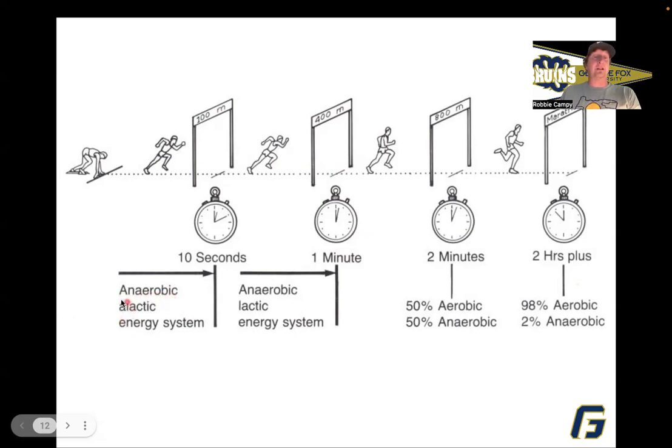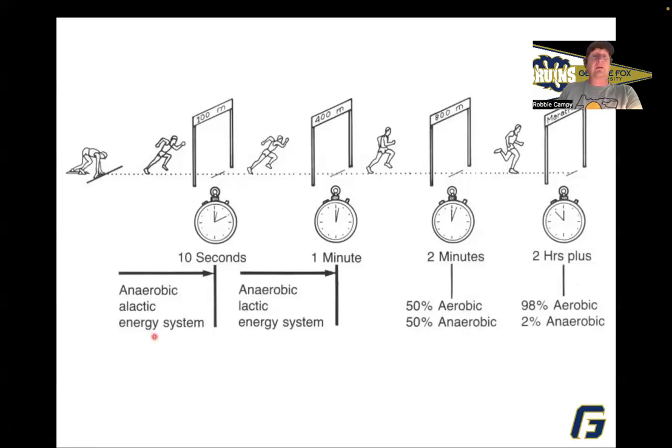There's that A meaning the absence of, so it doesn't produce any lactic acid. This is our immediate energy system, which was comprised of two major molecules. Remember what they are? ATP and creatine phosphate.